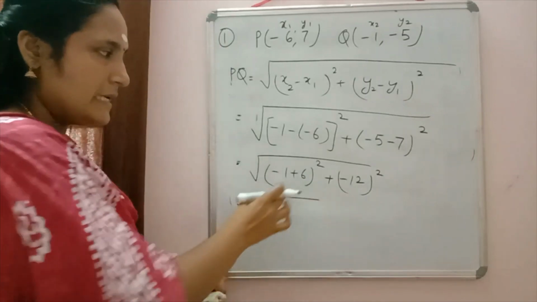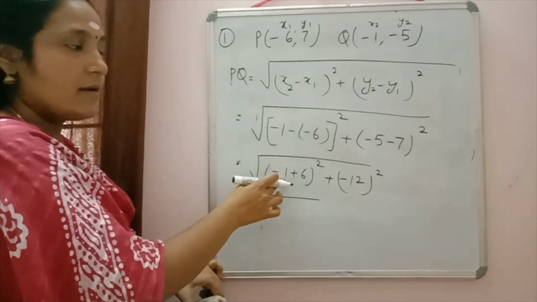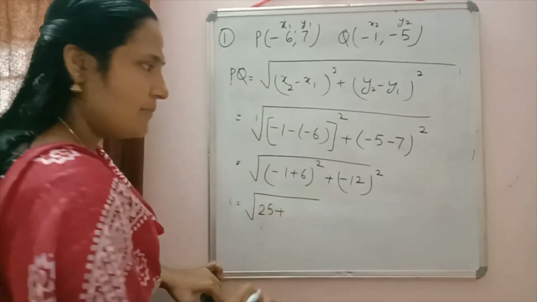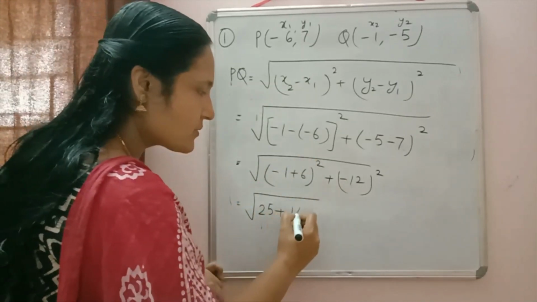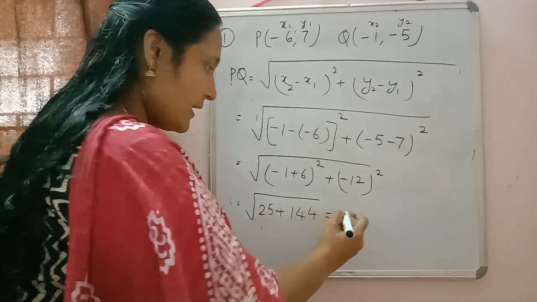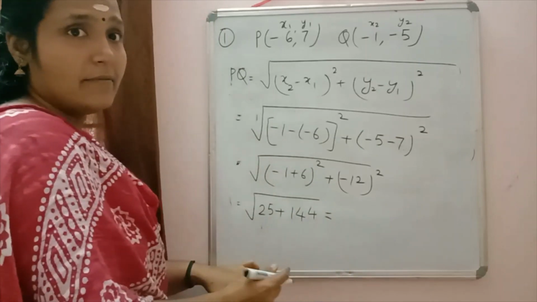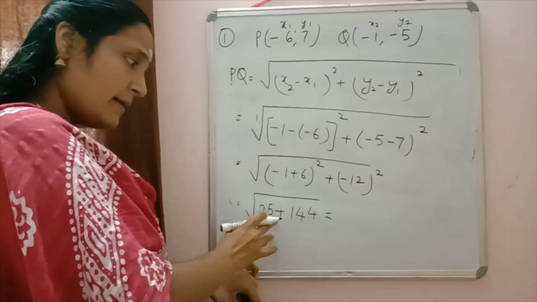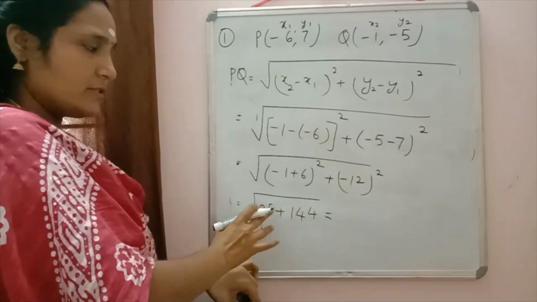Square root of 5 squared, which is 25, plus minus 12 the whole square, which is 144. Don't write here that this is equal to 5 plus 12. They are in addition. At present they are perfect squares, but since it is addition, we cannot write that.